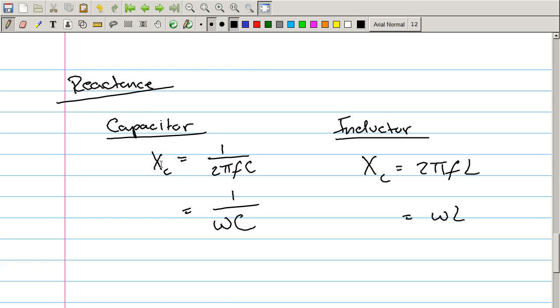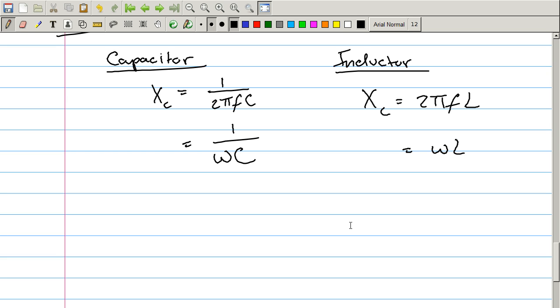Well, we can see that as frequency increases, the reactance of the capacitor decreases. So you get a smaller and smaller reactance, whereas with the inductor, as frequency increases, its reactance increases. So you're going to see a bigger and bigger phase shift, a bigger deviation between the current function and the voltage function.